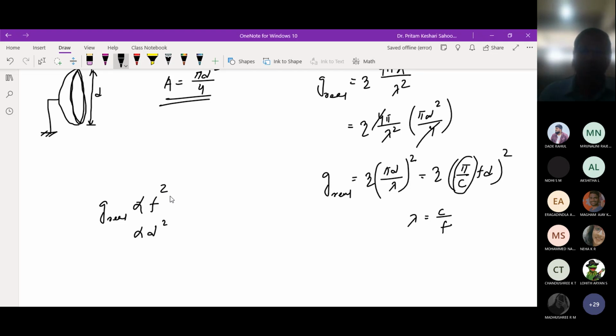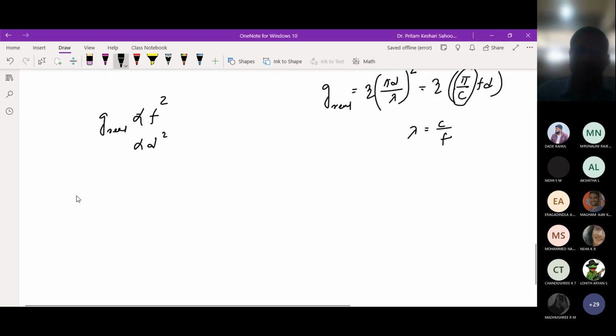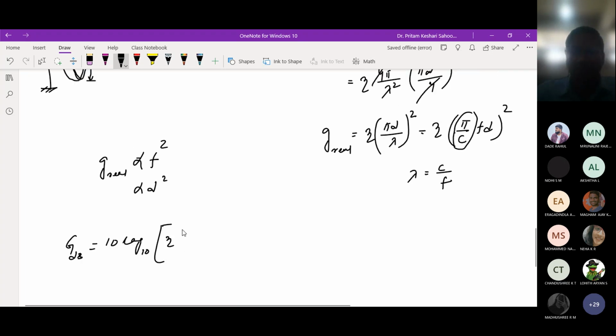Now, if we calculate the gain in dB, we have to take the logarithm, so 10 log base 10 into eta into pi by c whole square f square d square. I'm writing from this equation.